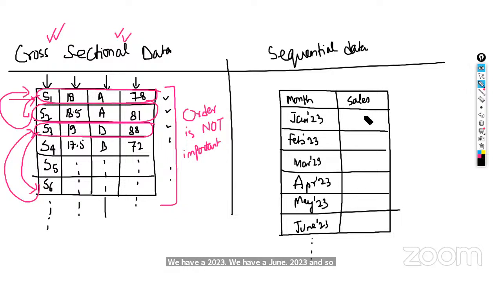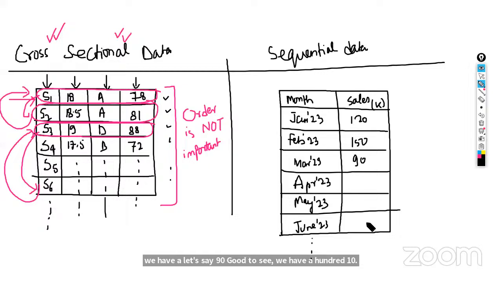And let's say there are some sales. Here the sale of a particular product is, let's say, 120, and all of these are in thousands. Here we have 150, then 90, 110, 180, 160, and so on.